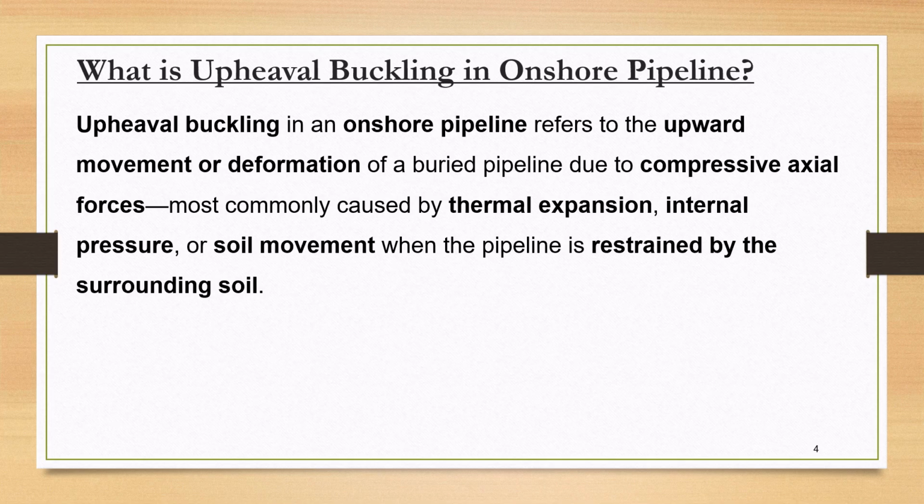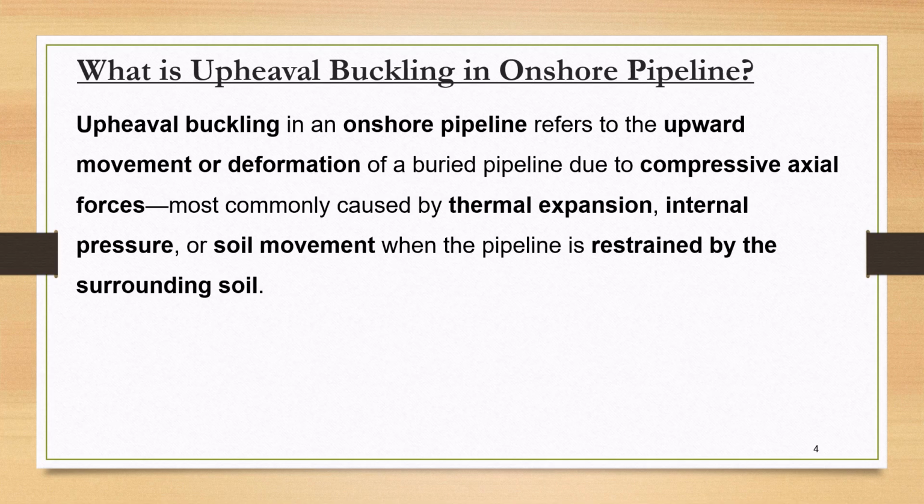Because of that force, it will try to buckle. If the soil on top of that pipeline is not sufficient and is weak in nature, then it can force the pipeline to move in the upward direction, causing upheaval buckling.